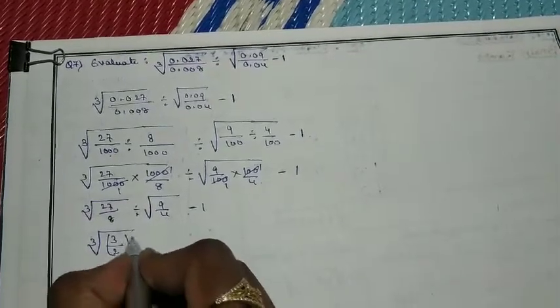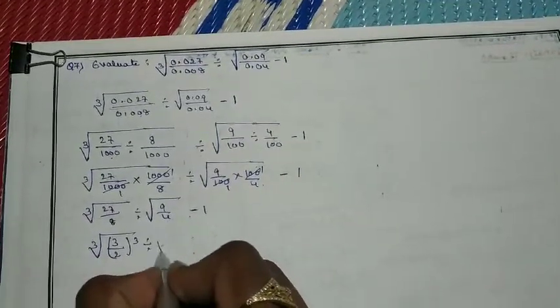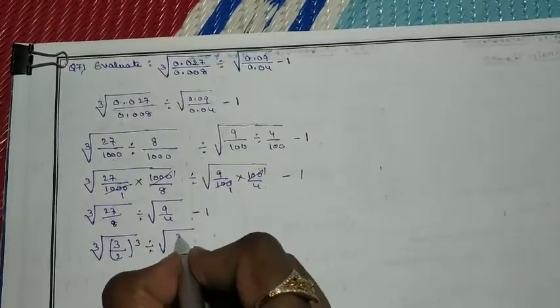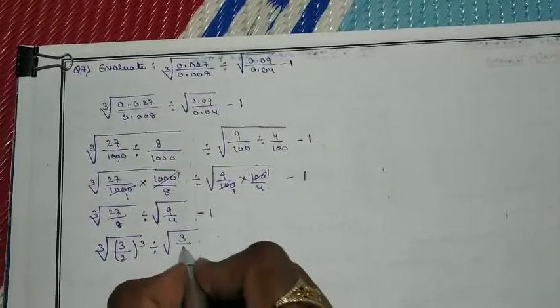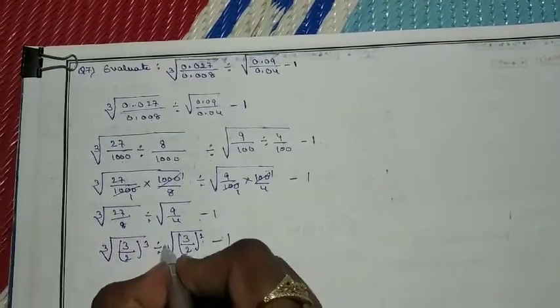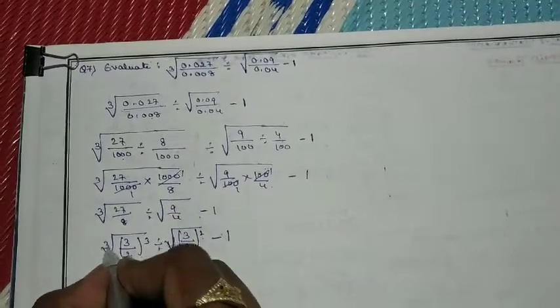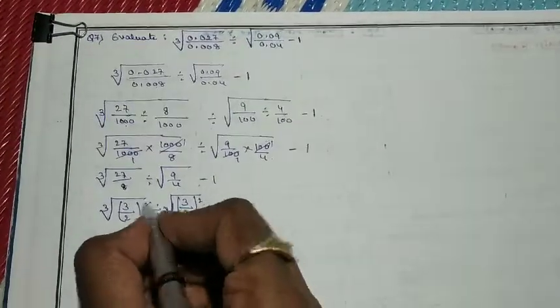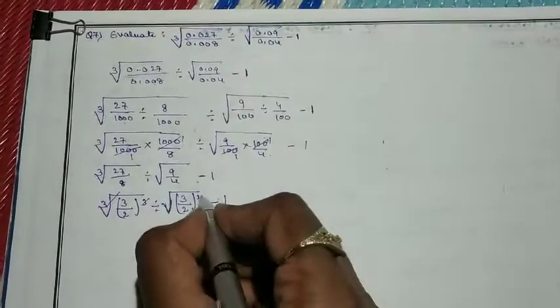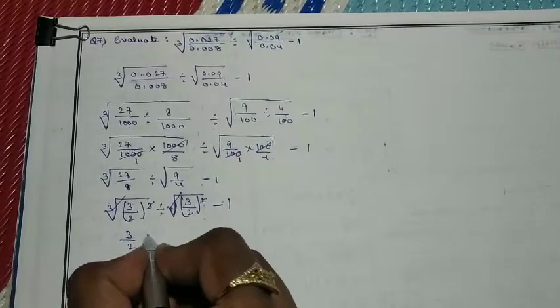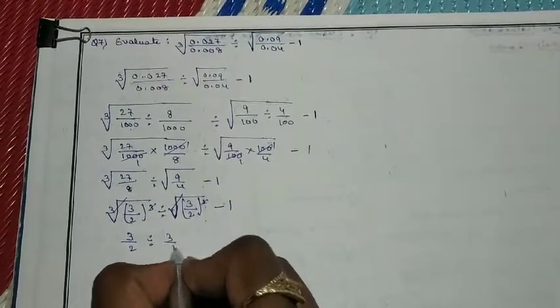So whole cube, divide square root of, under square root we know that 9 is a perfect square of 3 and 4 is a perfect square of 2. Why I am taking square here is because we have a square root here and a cube root there. So we are using cube numbers and square numbers respectively. Cube and cube root get cancelled, square and square root get cancelled. Then the answer is 3 by 2 divide 3 by 2 minus 1.